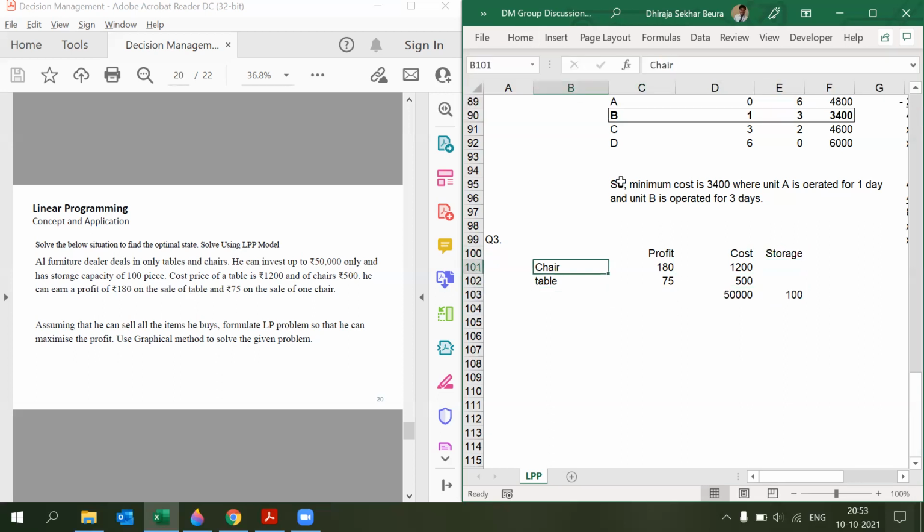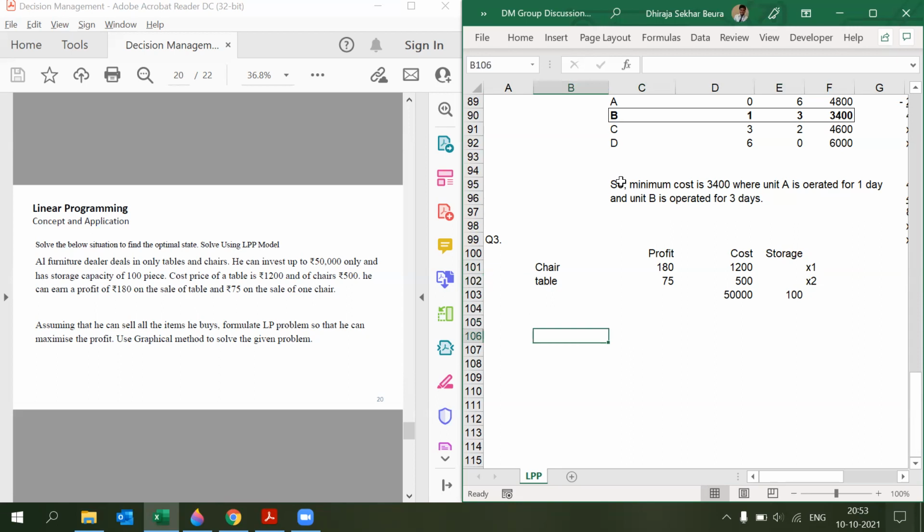Now, a small table just to have an idea. The question is, assuming he can sell all the items he buys, formulate the LP problem so that he can maximize the profit. So basically what they're asking is how many chairs and how many tables so that we can maximize our profit. Let's take x1 as the number of chairs and x2 as the number of tables.